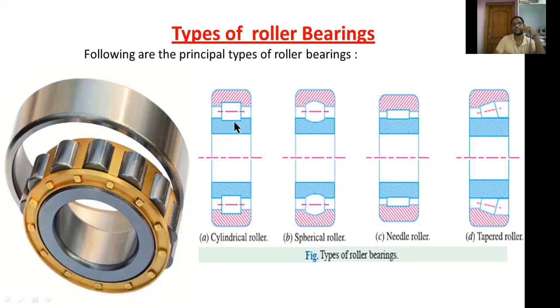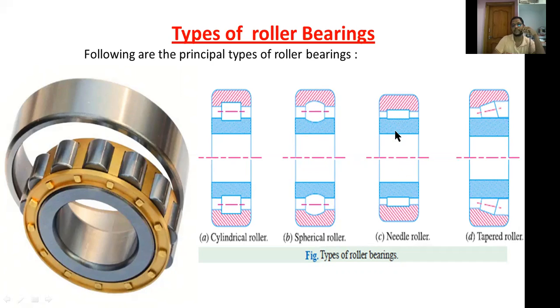Here the main difference is the inner race and outer race design, and the shape of the roller. The roller is cylindrical, that means there is no taper in shape, but in spherical roller bearings the rolling element is spherical in shape.